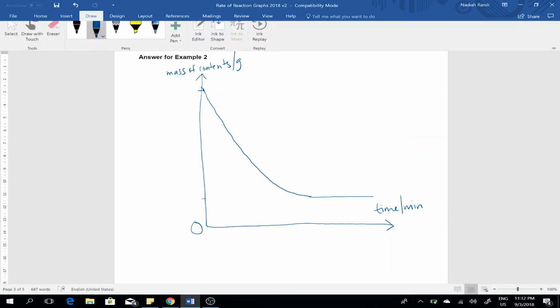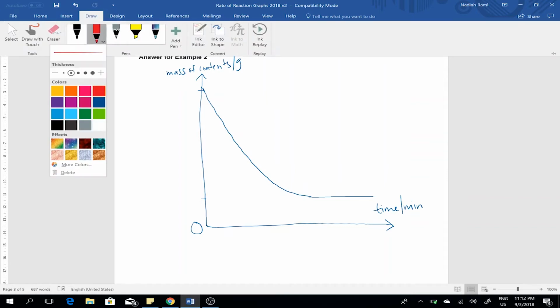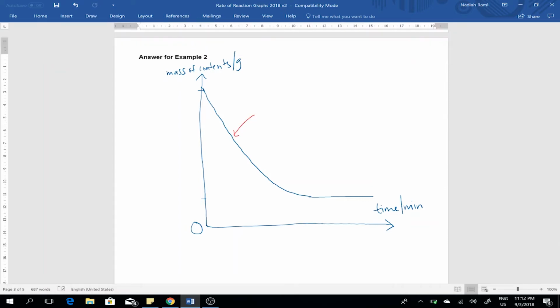Let me change the color. Right, decreasing gradient, and this is gradient equal to 0. And as you can see, it does not touch y equal to 0.